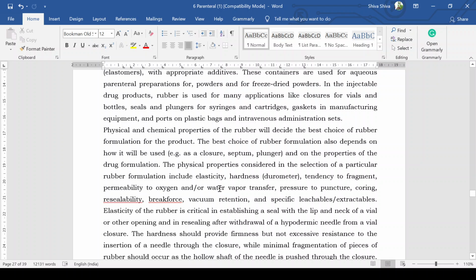Then permeability to oxygen and water vapor, then pressure to puncture, coring, resealability, break force, vacuum retention, and specific leachables and extractables which are present in the rubber closures. So these all parameters are checked before selecting the proper rubber closure system.